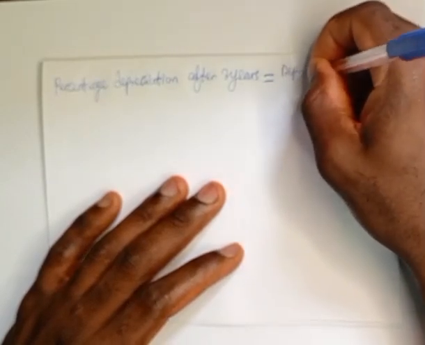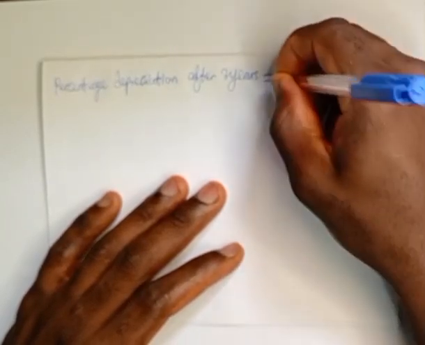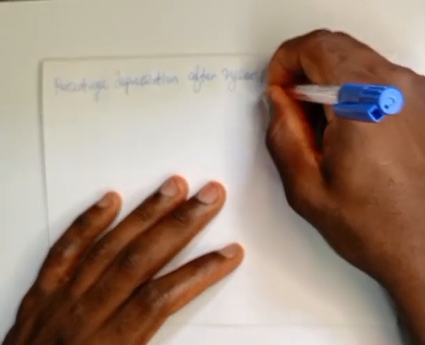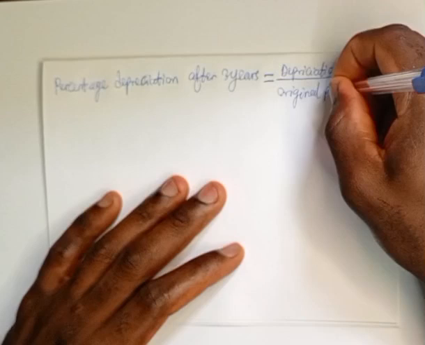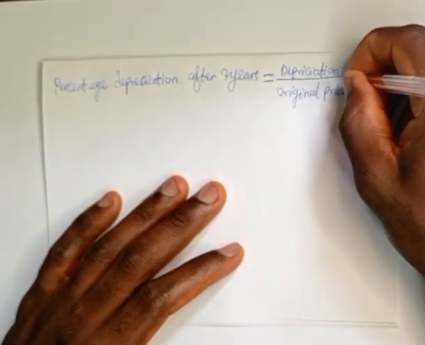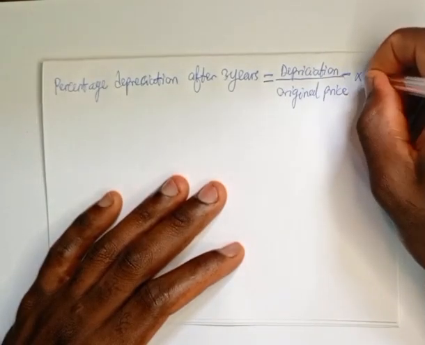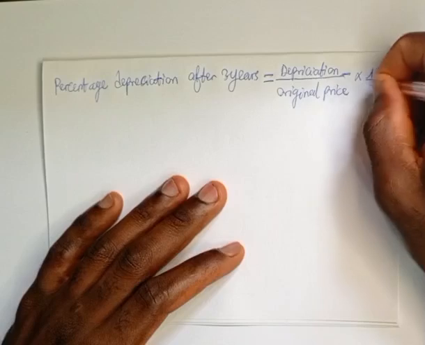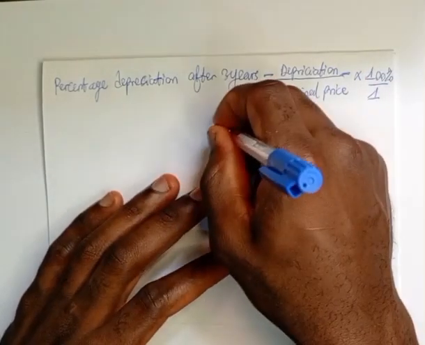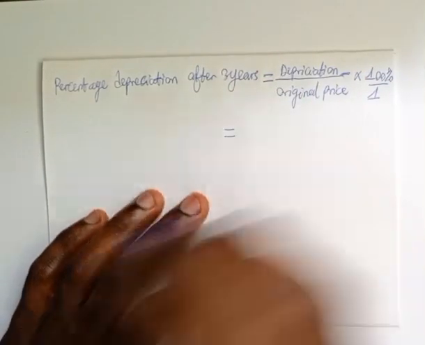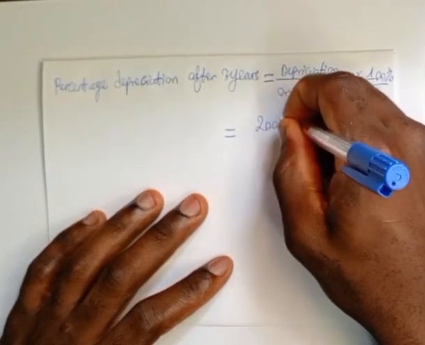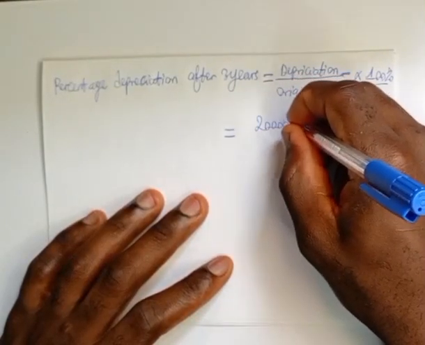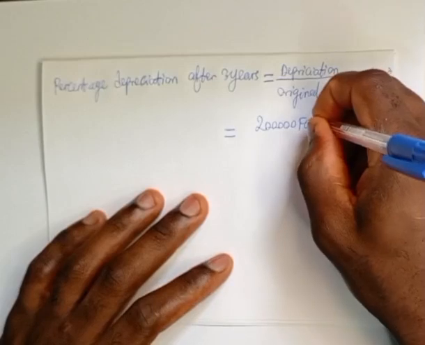Depreciation after the 3 years by original price times 100% over 1. This will simply be equal to, the depreciation after 3 years is 200,000 francs CFA.